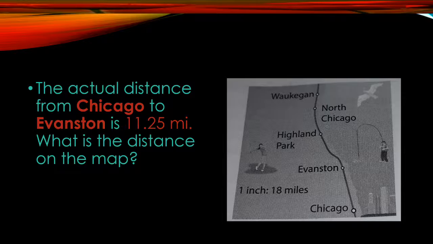So this is Chicago and this is Evanston. The distance between them in reality is 11.25 miles. We need to know its distance on the map, from this point to this point.